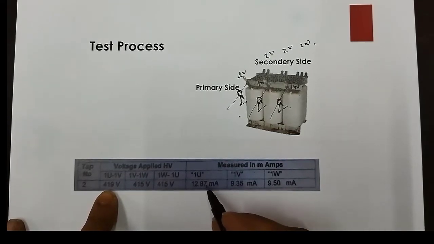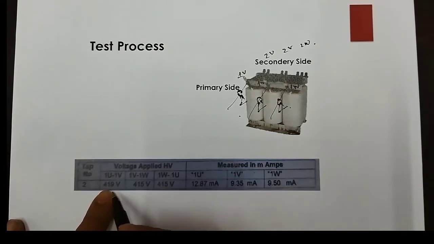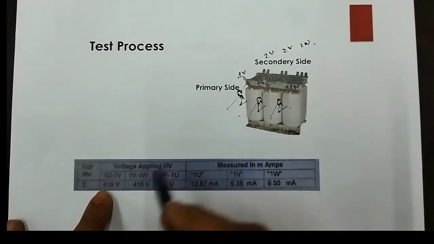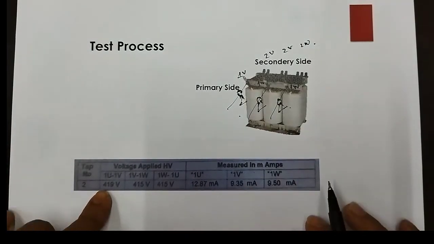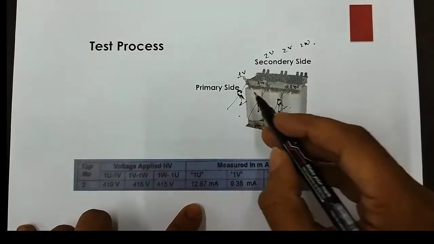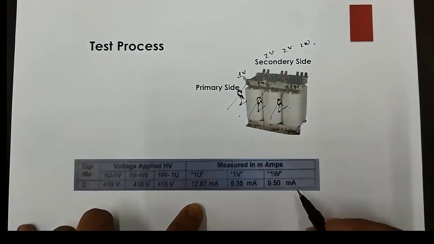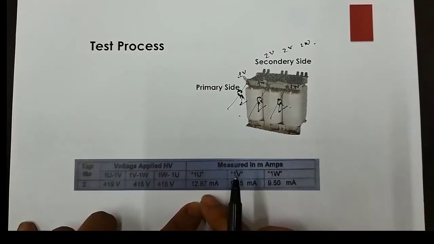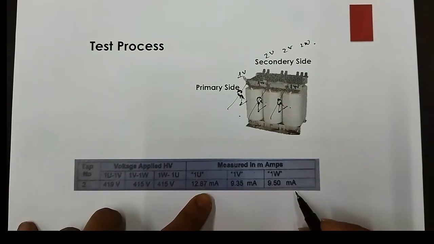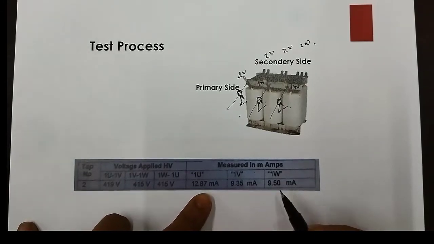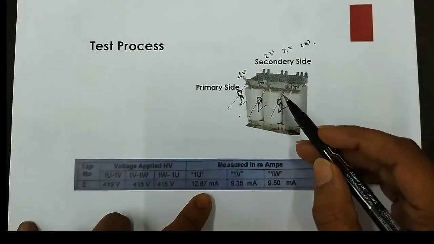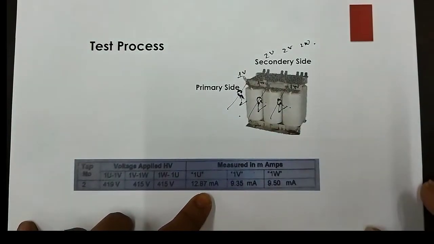Here in our case, this current was a bit higher as our applied voltage across 1U and 1V was a bit higher. But basically you will have values that are almost equal to each other, and if you are getting equal values, then you have to understand that your magnetic current distribution is okay.